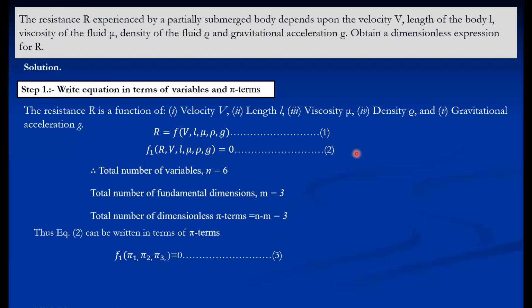So we only write equation 2 in terms of pi terms, where the dimensional quantities in the bracket are replaced by dimensionless quantities pi 1, pi 2, pi 3, that is equal to 0. This is step 1. In step 1, we have to write the 3 expressions based on the given information. Now step 2 is an important step, that is selection of repeating variables.